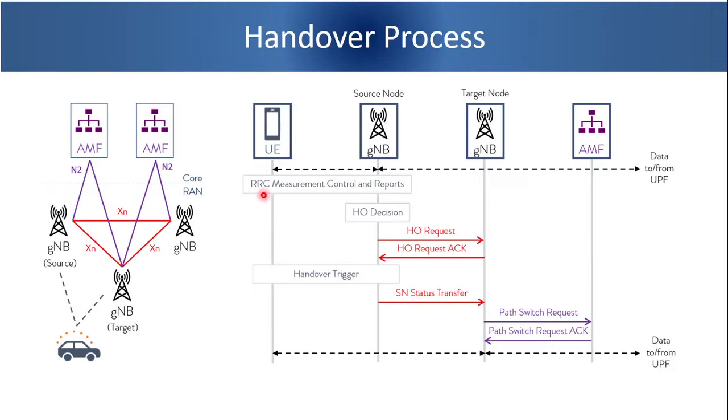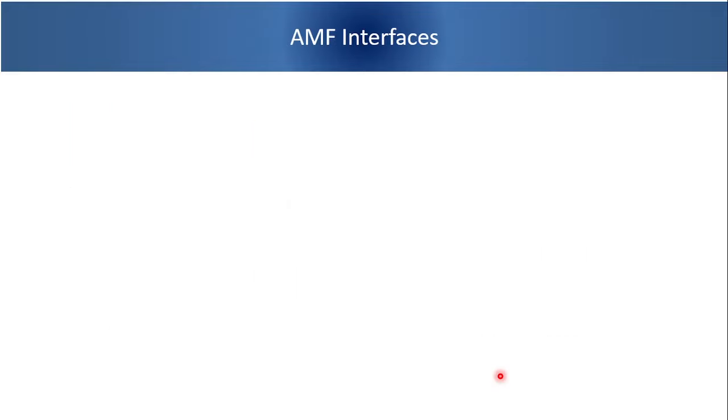So that measurement report goes to the source gNodeB, and the handover decision is taken, and the handover request goes to the target node, and the target node acknowledges, and then the handover trigger happens, and then all the context transfer happens, at that point of time what all was the context is also given to the target gNodeB, and path switch happens. And finally it hands over to the other gNodeB. So this is how, in a very broad sense, the handover process happens.